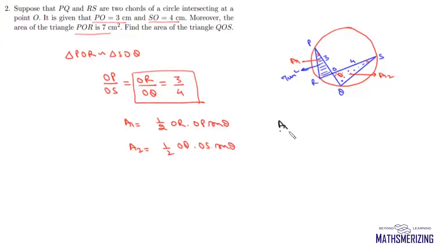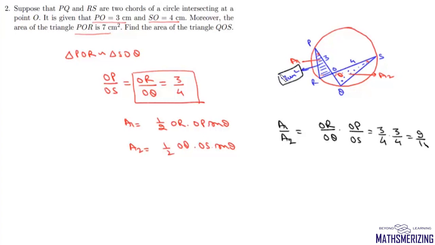If we divide them, we get A1/A2 as (OR/OQ) · (OP/OS). Now OR/OQ is 3/4, and then OP is 3 and OS is 4. So it is 9/16.